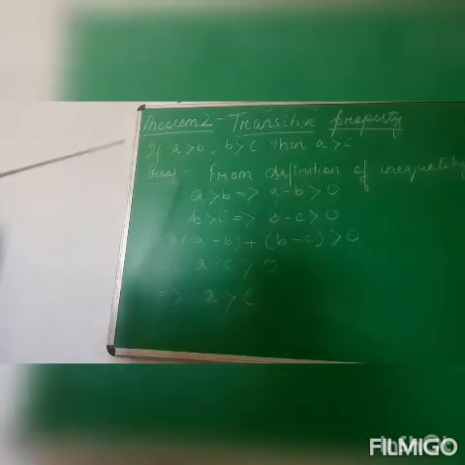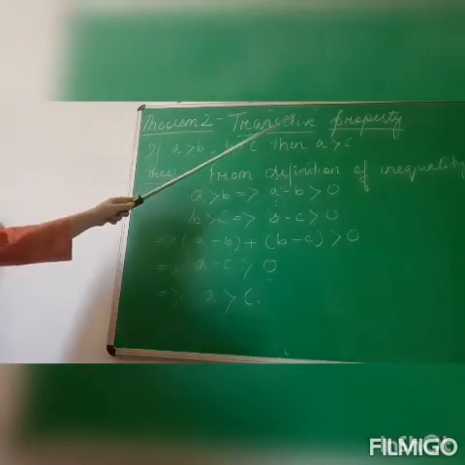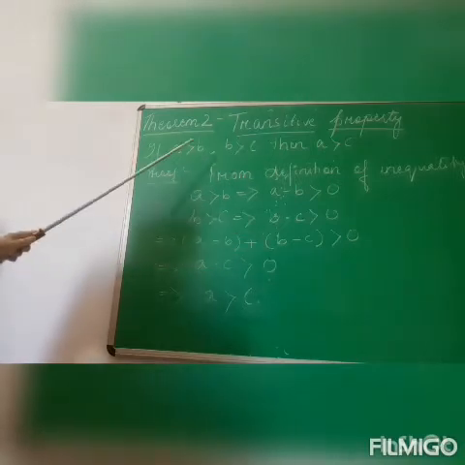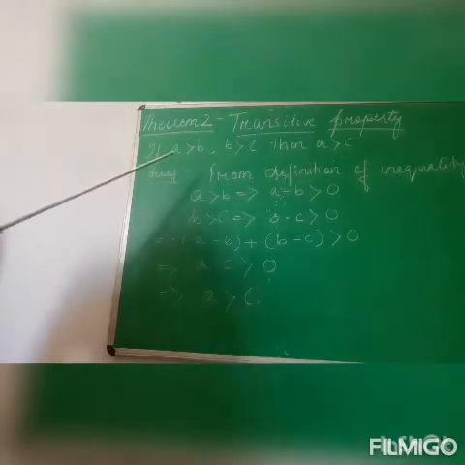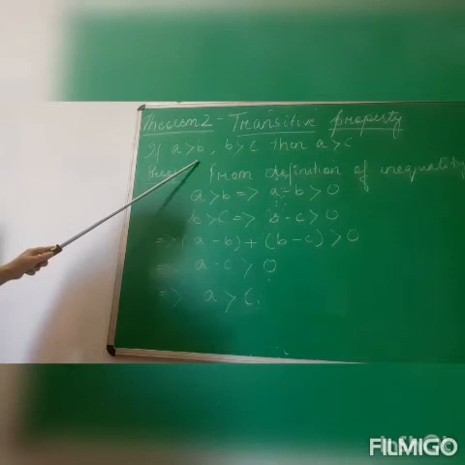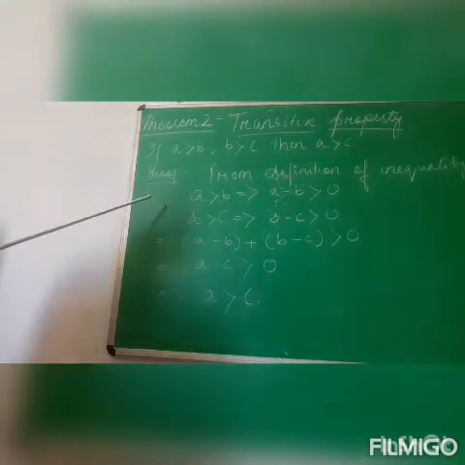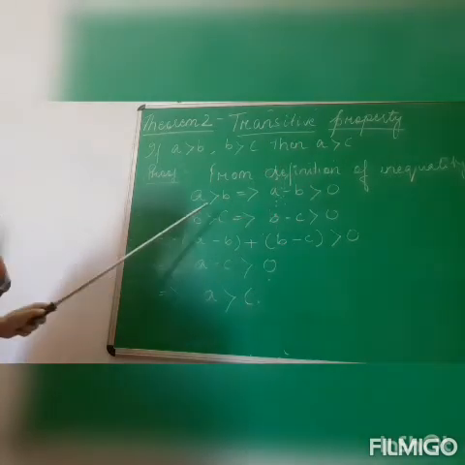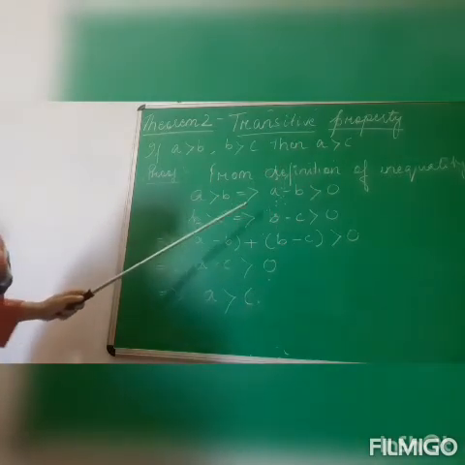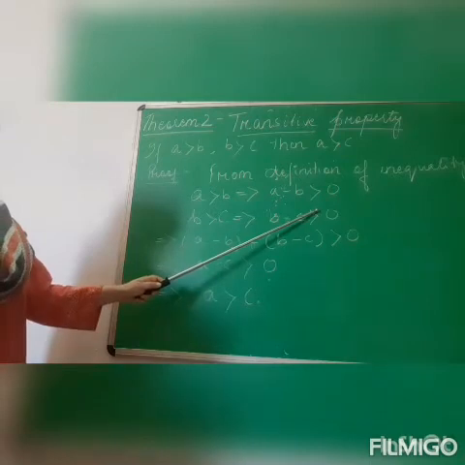Now the next theorem is based on the transitive property. In this theorem, we know that A is greater than B, B is greater than C, then A is greater than C. So how to prove this? From the definition of inequality, we know that A is greater than B. That means A minus B greater than 0.